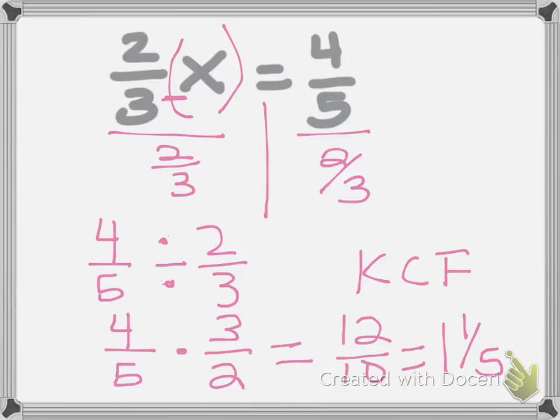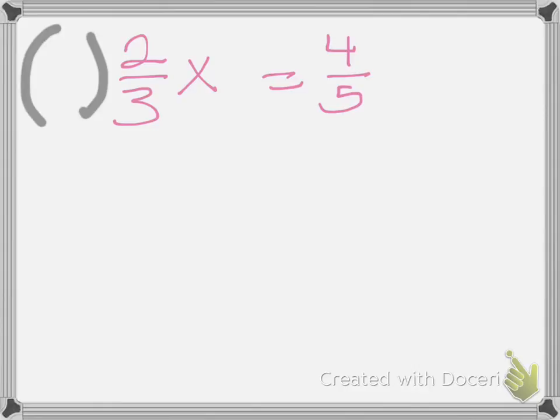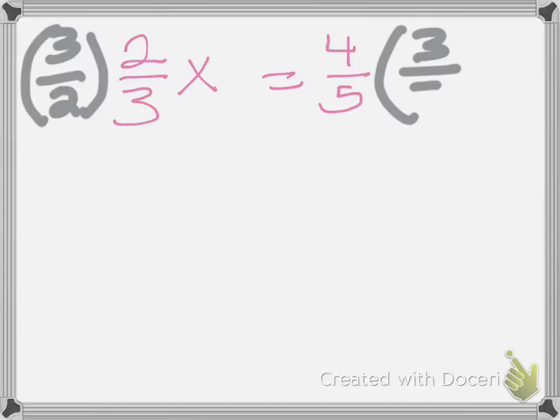Now, the simpler way to show the work here is to not necessarily have to rewrite this portion of it. That instead of showing the division by the fraction here, you can just multiply by the reciprocal. So if I take that same problem, 2/3 x equaling 4/5, I know that I need to divide by 2/3. Well, I can say now that to divide by 2/3 is the same thing as multiplying by 3/2.